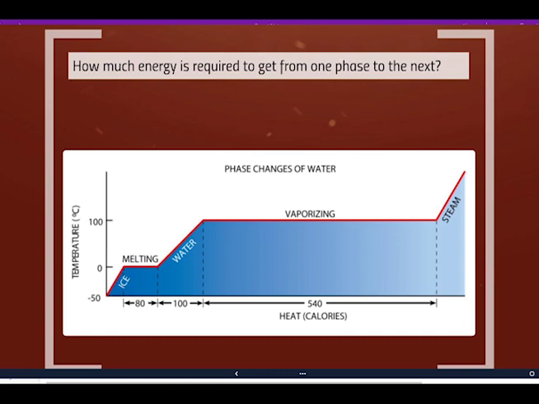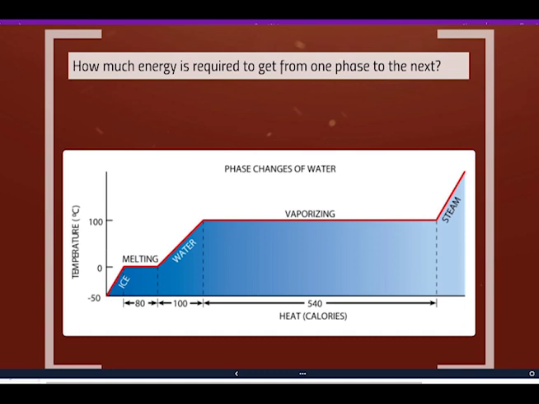So the ice has a certain C, it's 2 joules per gram Kelvin. If the substitute wants to go write that down, just say C ice equals 2 joules per gram Kelvin. But once it hits this melting point, then you have to dump in actually a ton of energy.